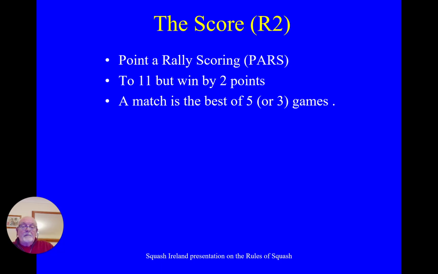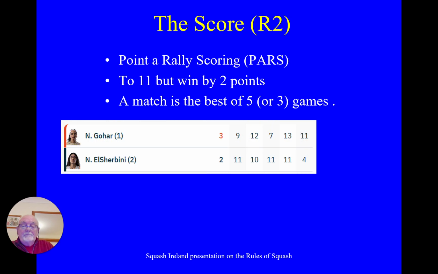In most cases, a match is the best of 5 games, but we know that in some competitions and tournaments, the earlier rounds may be the best of 3 games. You'll notice that there's no reference to a set here, although we do colloquially use the expression that was a great 5-setter. Technically, I suppose we mean that was a great 5-game match.